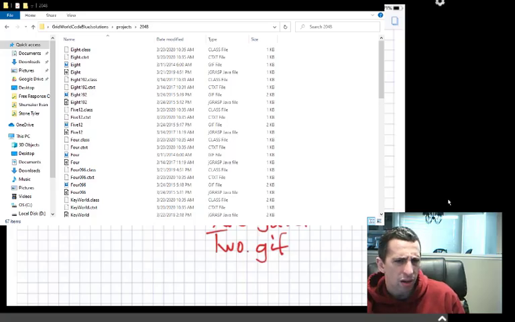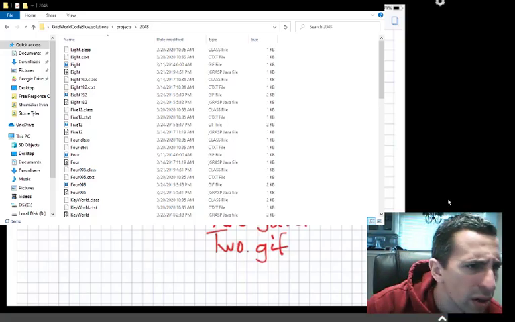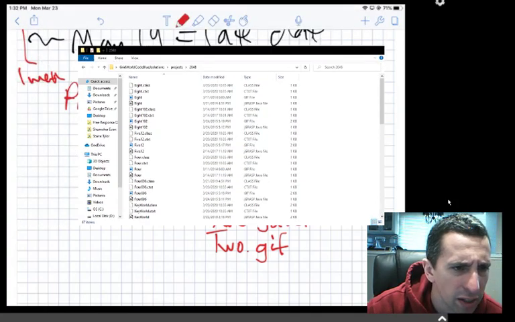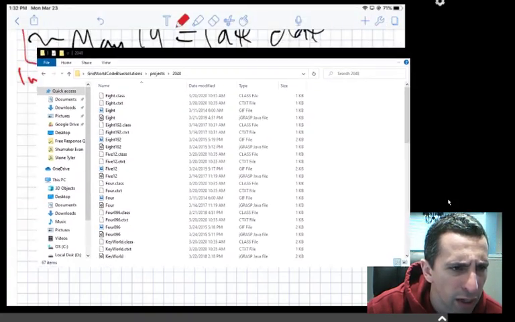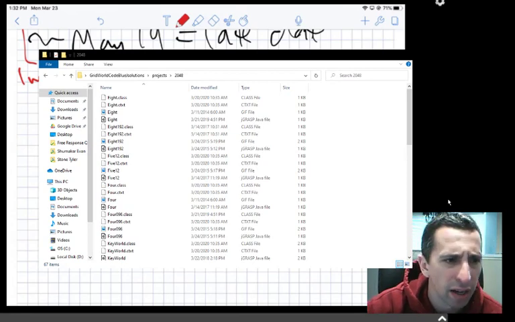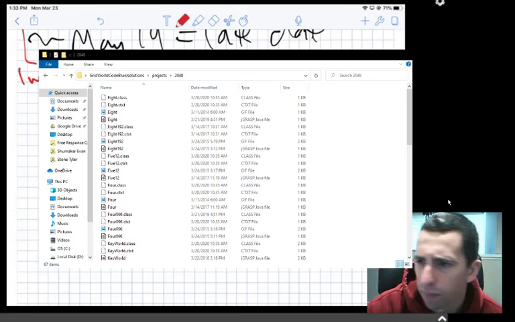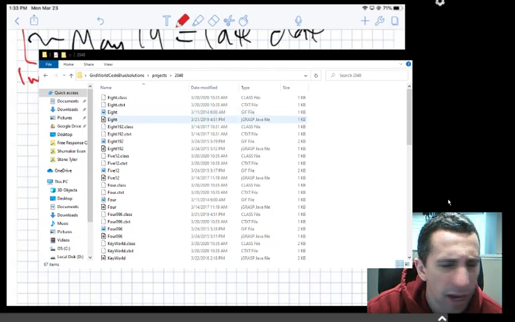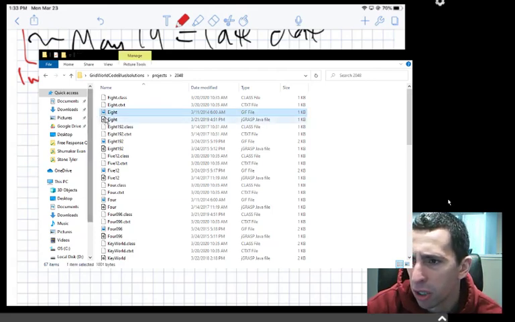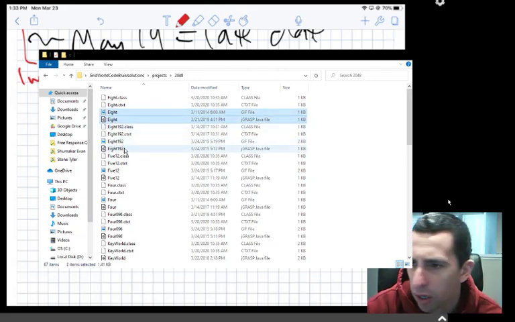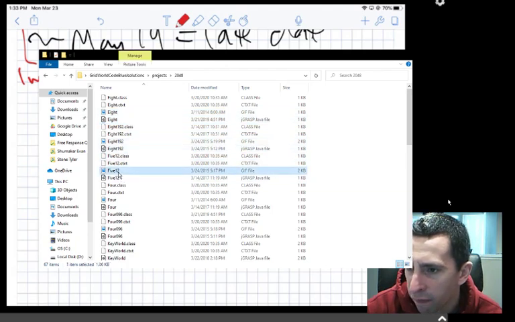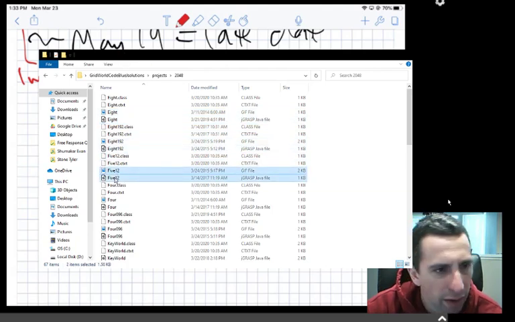Okay, cool. This is what it should look like. This is, for example, my 2048. And you can see right here, I have the 8 picture. Here we have the 8 picture that's a GIF, and it's right next to the 8 Java code. Here I have the 512 picture, and it's right next to the 512.